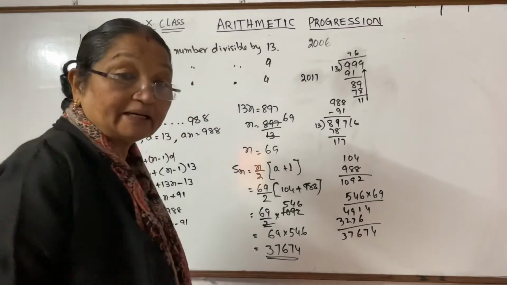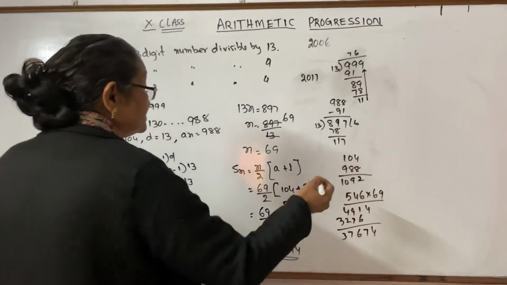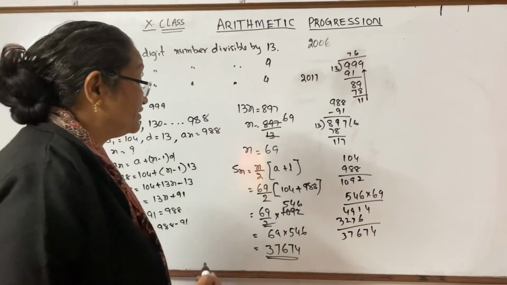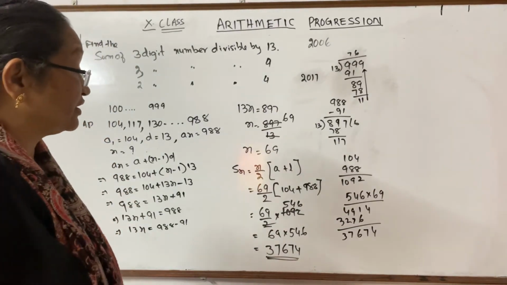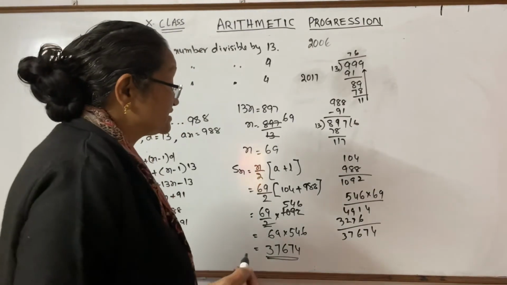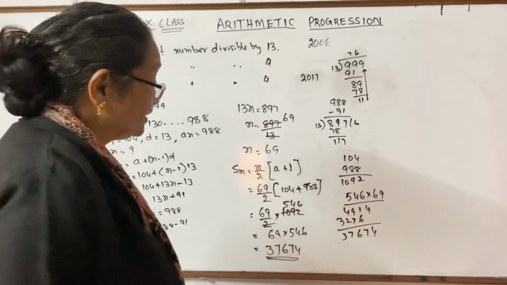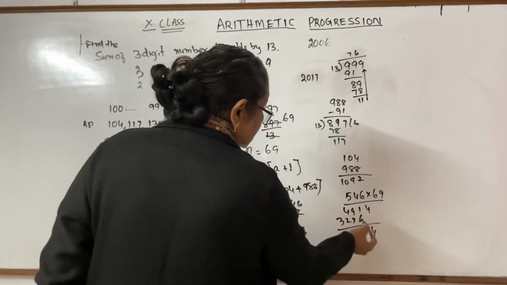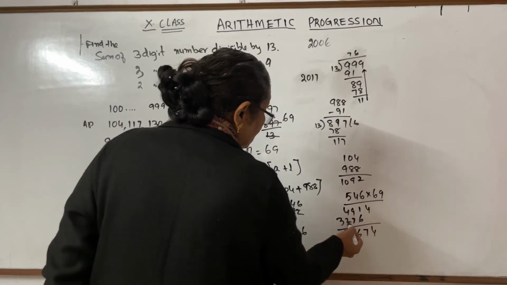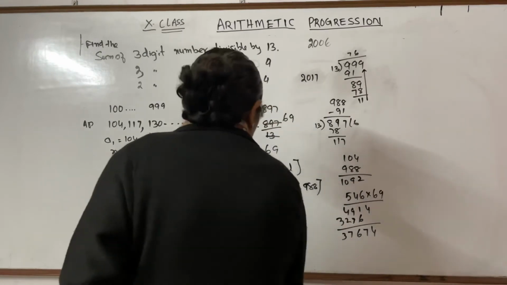Just multiply and see whether it is correct or not. 9 6s are 54. 9 4s are 36, plus 5 is 41. 9 5s are 45, plus 4 is 49. 6 6s are 36. 6 4s are 24 plus 3 is 27. 6 5s are 30 plus 2 is 32. Addition, you see, and yes, our addition is also correct.